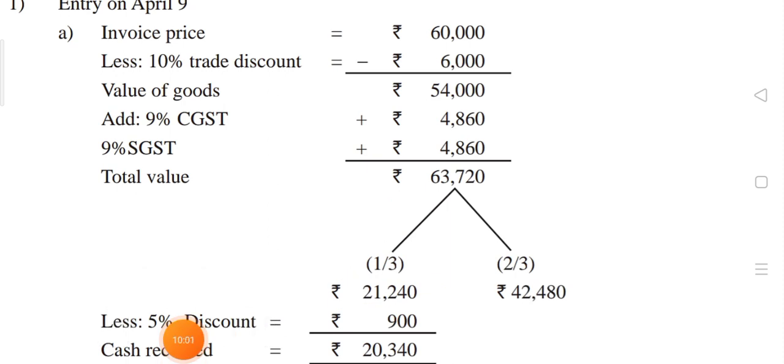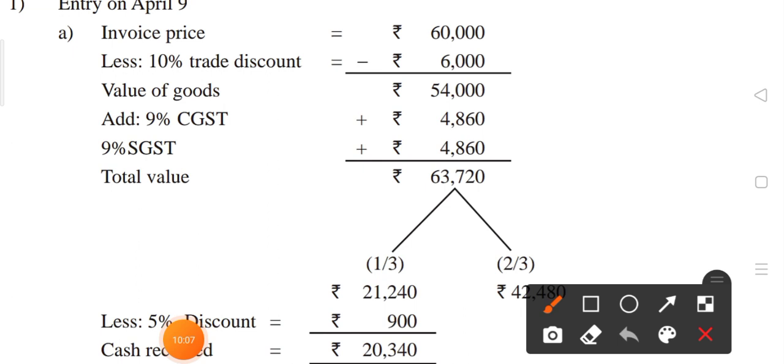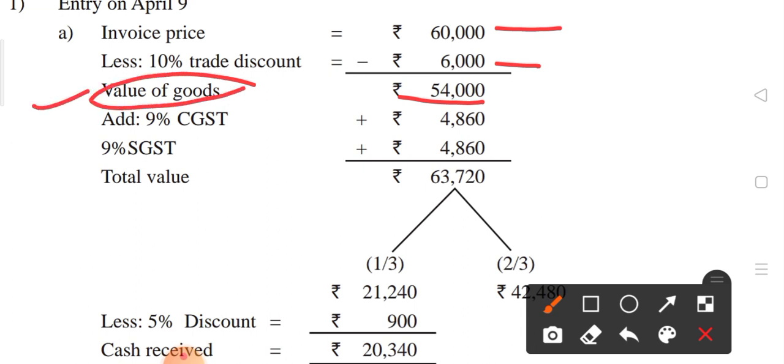Okay. So here they have miscalculated this thing. Which thing? See, first of all, what we have studied, we sold goods for rupees 60,000, out of which trade discount is how much? 6,000. So उसको लेस करने के बाद we got 54,000 as a value of goods. So मैंने goods actual में कितने में सेल किए? 54,000 में. Under it 54,000 plus GST also.